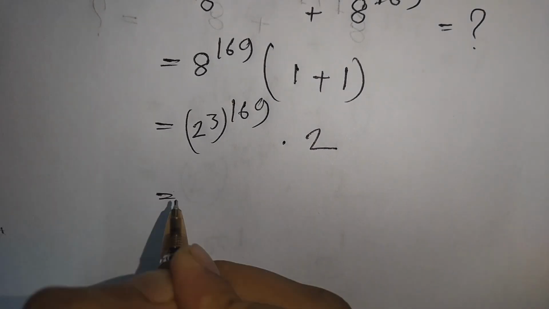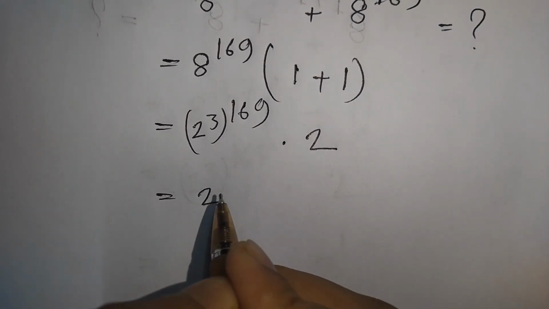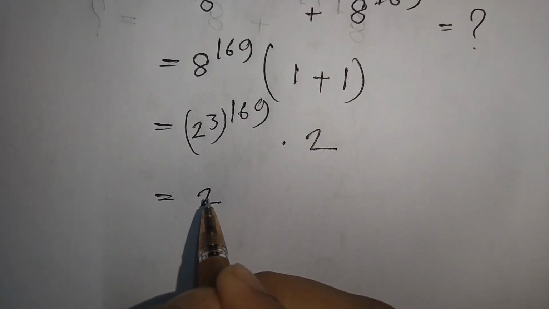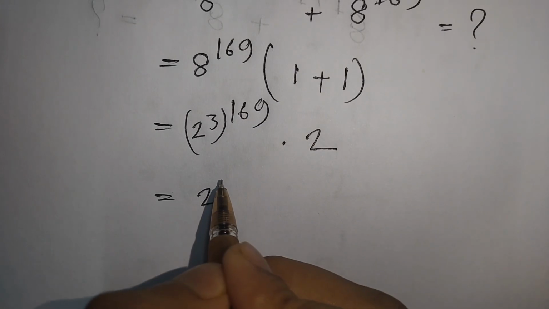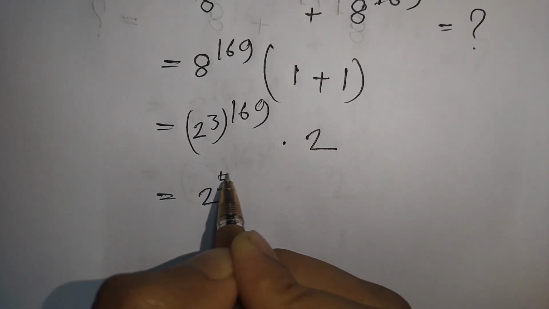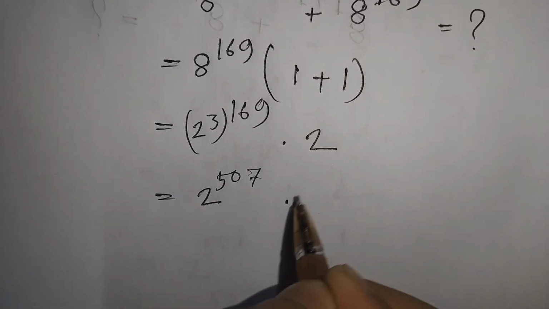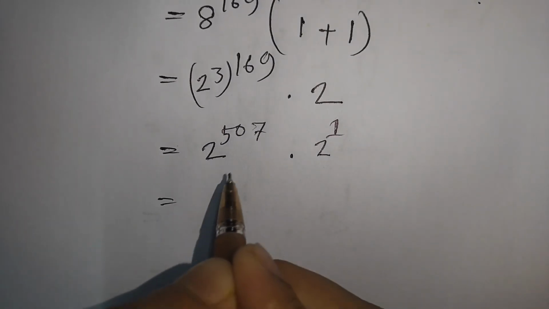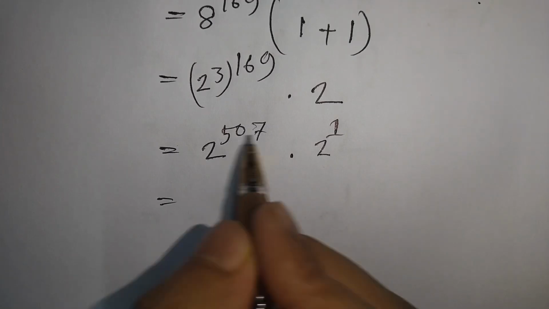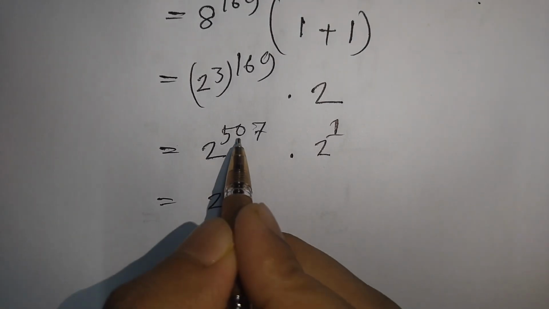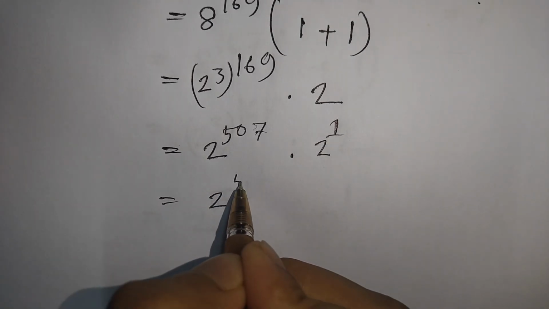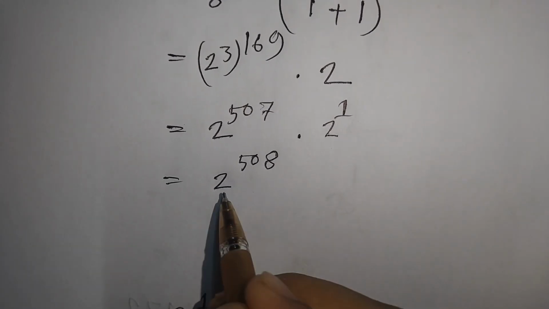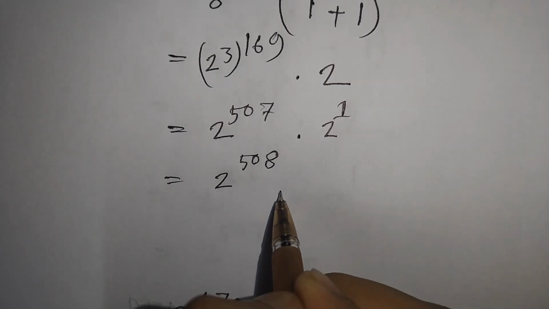Now 2 to the power 3 times 169, that means 3 times 169, that means 507, times 2 is same as 2 to the power 1. Now we see that 2 same base but different powers, so we can write 2 to the power 507 plus 1, that means 508. So 2 to the power 508 is the correct answer.